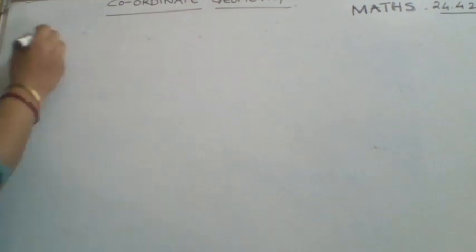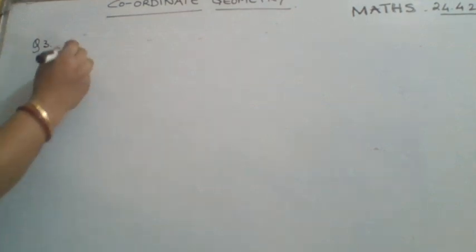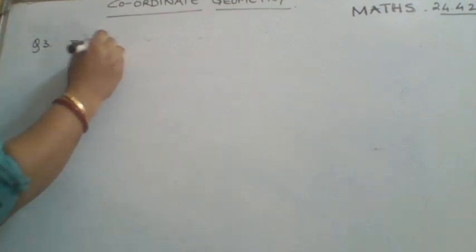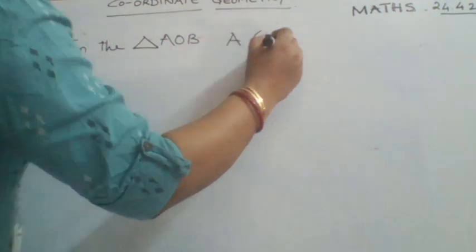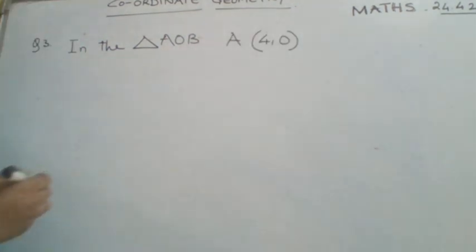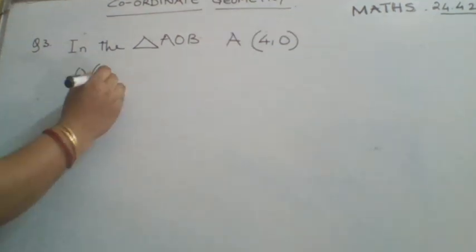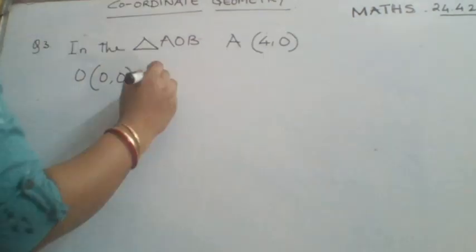Now the third question like this, please. Third question is, in the triangle AOB, A is equal to 4, 0 and O, that is your origin, is 0, 0.